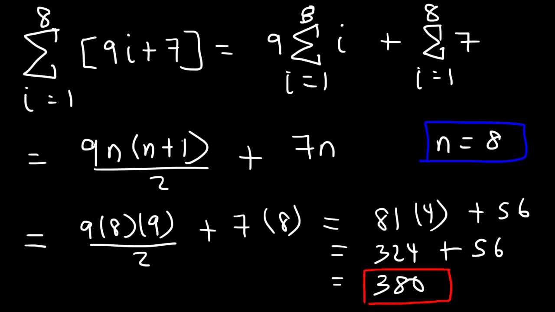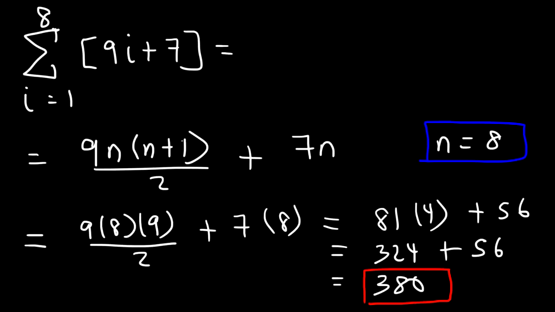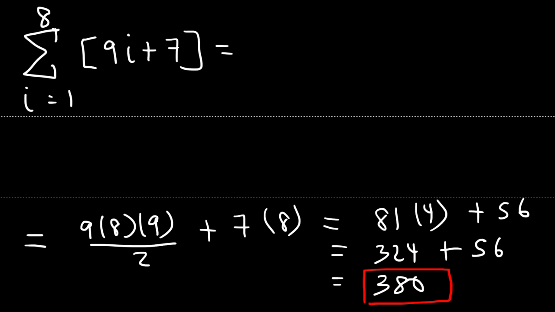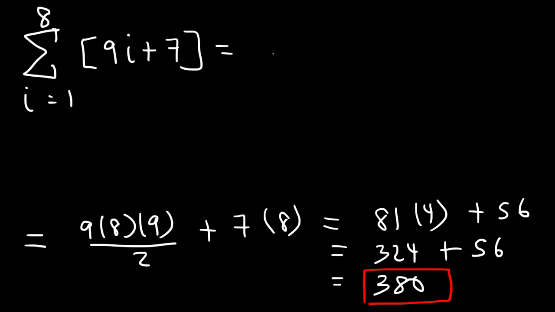Now let's confirm it using simple addition. So if we plug in 1, 9 times 1 plus 7, that's 16. And then if we plug in 2, 9 times 2 is 18 plus 7, that's 25.